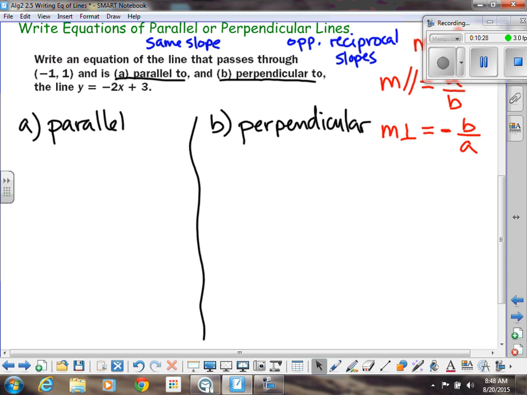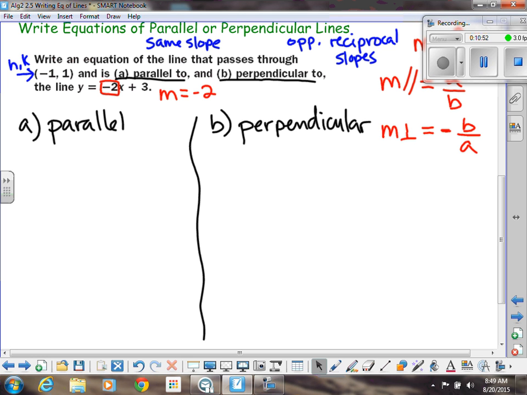So first we need to know, what is our original slope? Well, it says that the original line is negative 2x plus 3. So our original m comes right here in the mx plus b part. So that's our m. M is negative 2. And then they gave us this point. That's going to be our h comma k. I'm going to use hk for both of these.